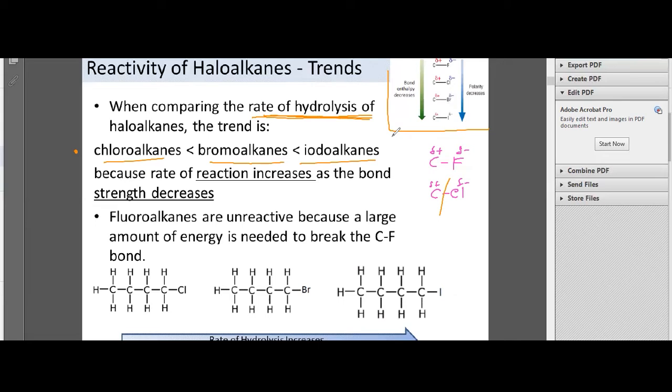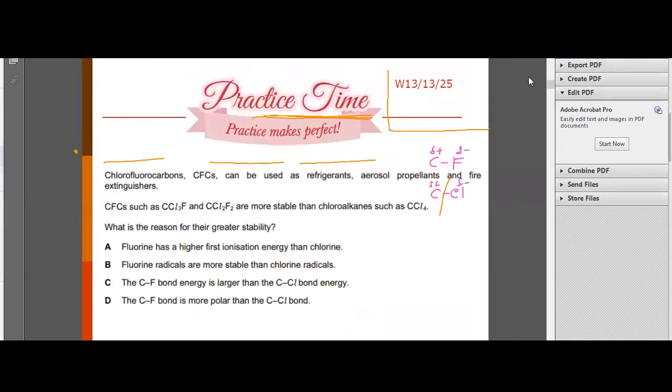Okay, we already learned about the physical properties of halogenoalkanes, also about their reactivity. So now let's continue with this practice question. Please try to answer this first.